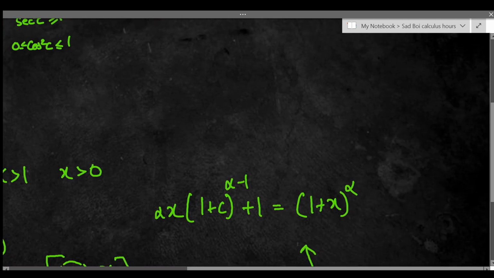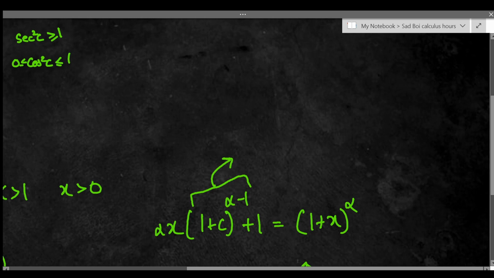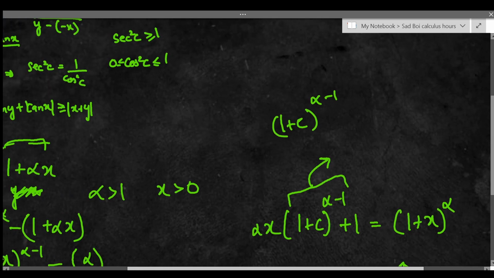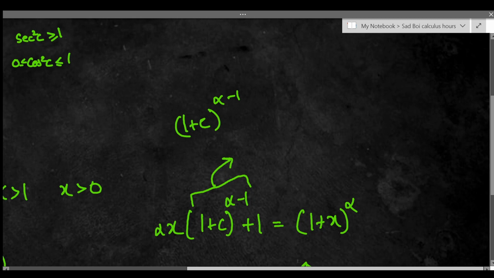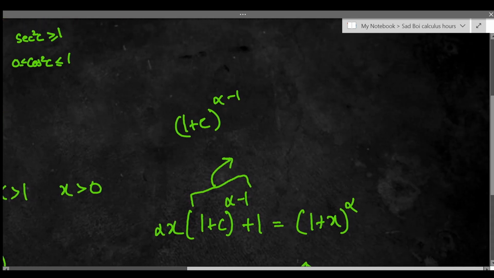Now we know what we want to replace in this equation to make it an inequality. So it's going to be this term, right? Because it does not exist in the original inequality that we want to prove. So now what we have is (1 plus c) to the power alpha minus 1, and we know that alpha is always greater than 1 because it's given in the question. So we know that c lies between 0 and x, so c is always positive.